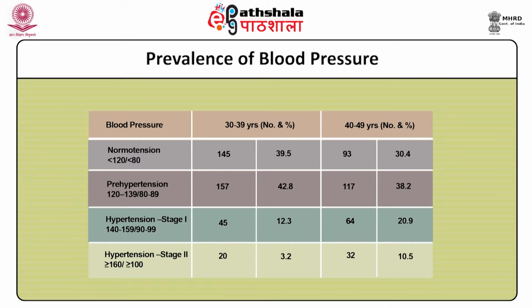Now, you record the blood pressure of the subjects who are recruited for this study and you divide them into one of these 4 classes. Also, the entire group that you have recruited may be divided on the basis of their age group.